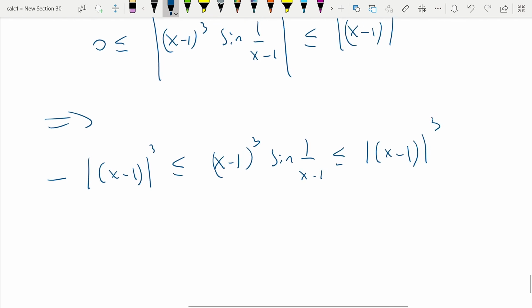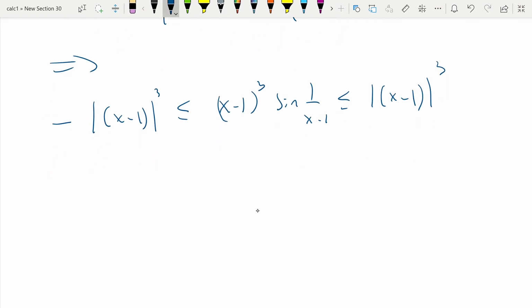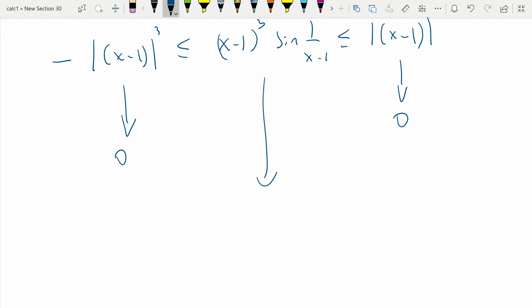Okay, and this function here goes to 0, and this function here goes to 0 as well. So what's in between must go to 0. So this is by the squeeze theorem.